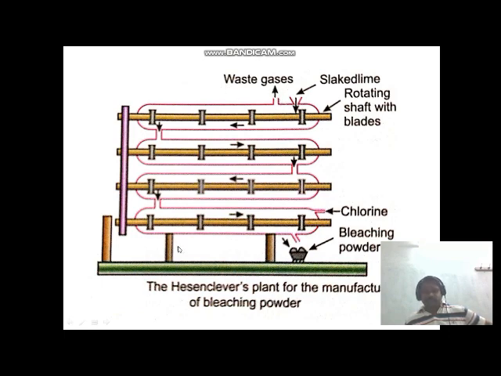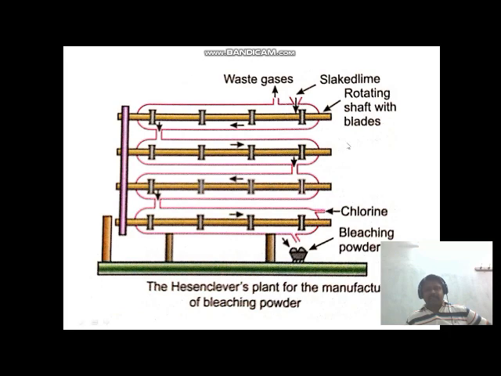So this total process, actually we should not call it a process, this is known as a plant, not a green plant. In industries where the machines are working, we call that a plant.